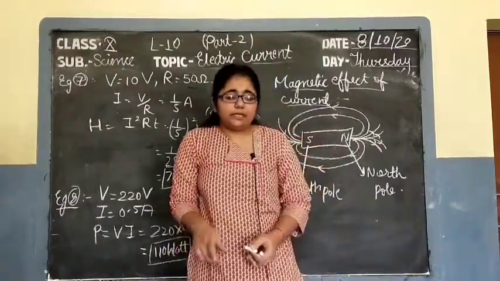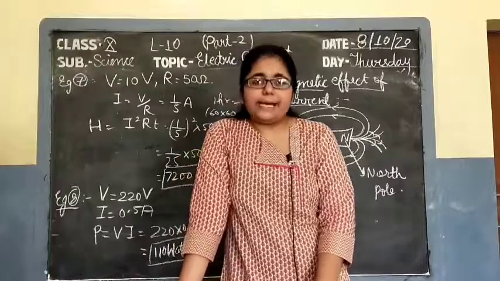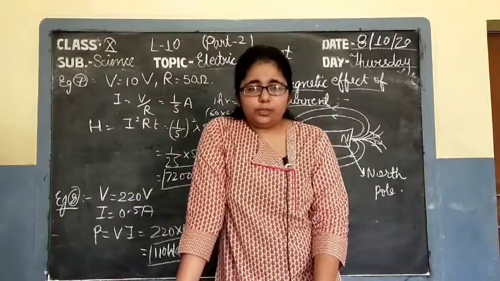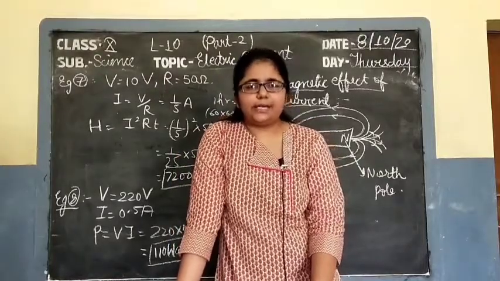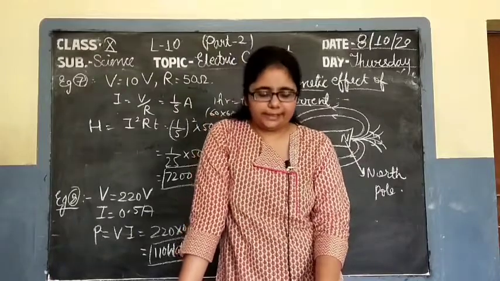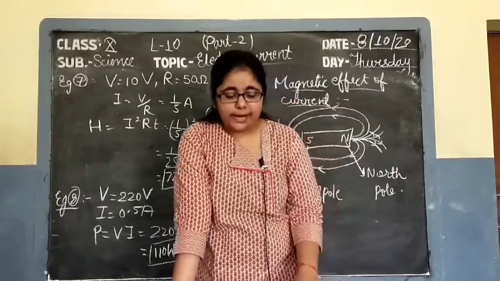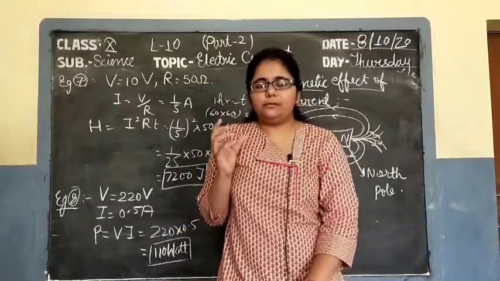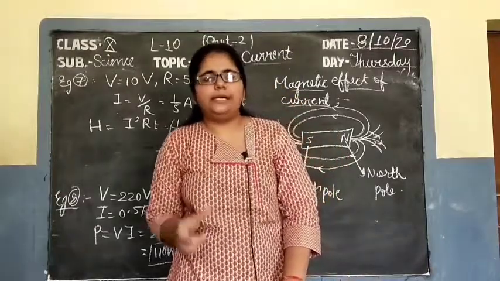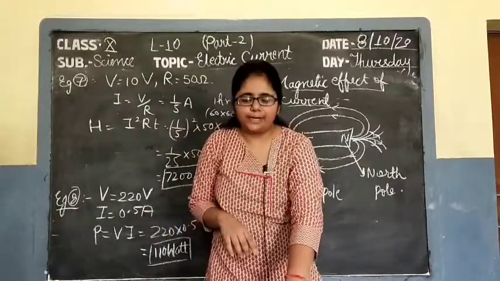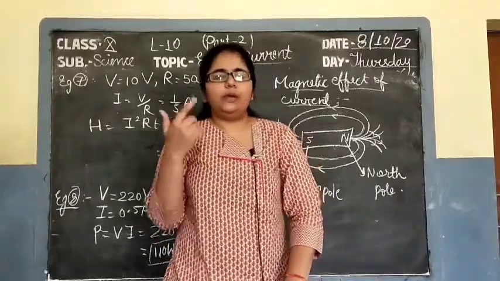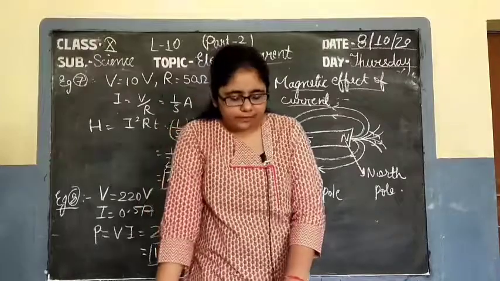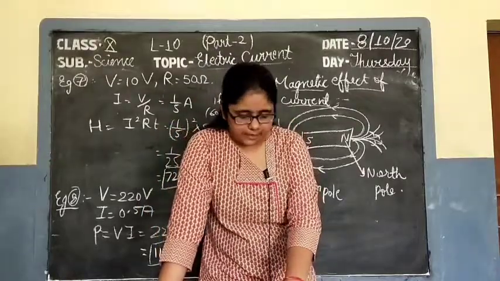Then there is one more discussion about the direction of magnetic field. Two rules are basically used for finding the direction of current and direction of magnetic field. First of all, the right-handed corkscrew law, in which you have to rotate a screw. The rotating direction will be the direction of magnetic field and the screw advancing upwards or downwards will be the direction of current.